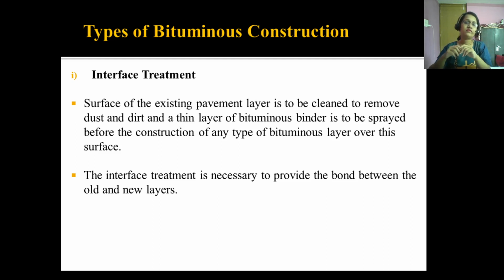The first one we have seen is interface treatment. So let us see what this interface treatment is. The surface of the existing pavement is first cleaned to remove all the dirt materials, and then a thin layer of bituminous binder is sprayed before the construction of any type of bituminous layer over this surface.